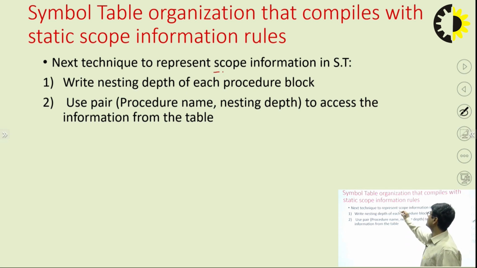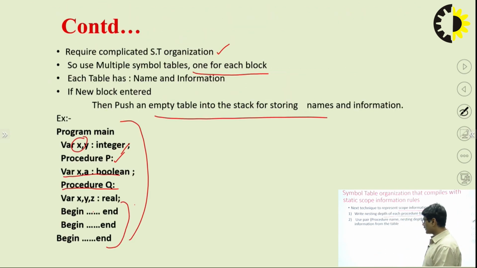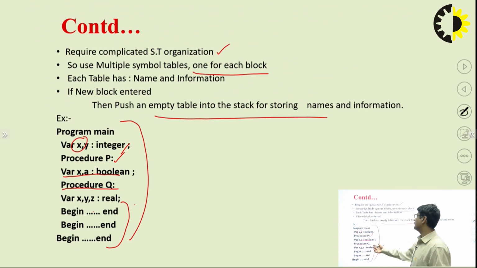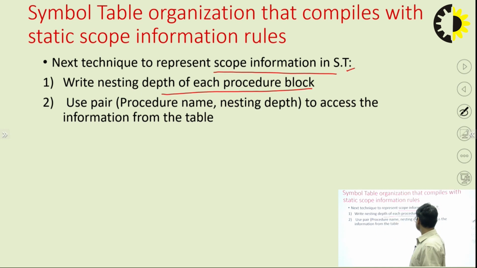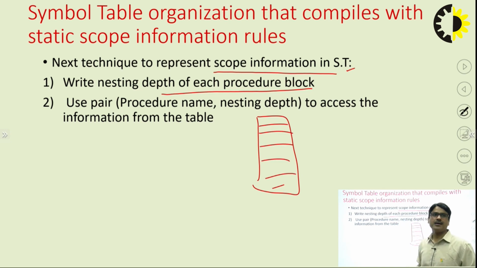The next technique to represent scope information is to write the nesting depth of each procedure block. So if you are talking about this previous one, what we have to do is write some procedure blocks, and for every procedure block we have to note down the stack allocation scheme, static allocation scheme, or heap allocation scheme, how the data is stored, what is the flow of data. Then use the pair procedure name and nesting depth to access the information from the table.